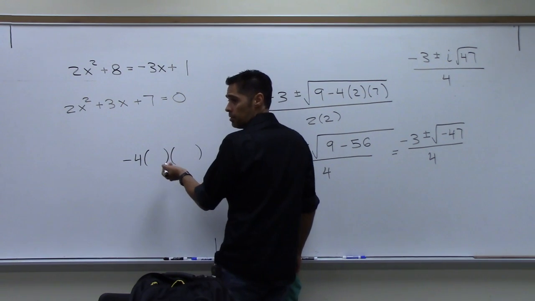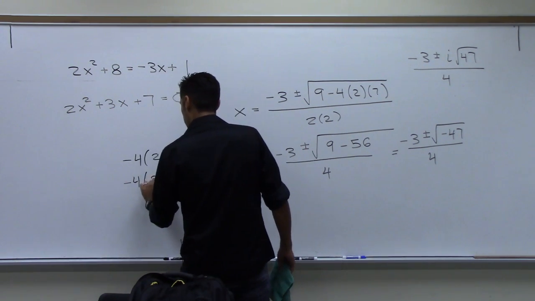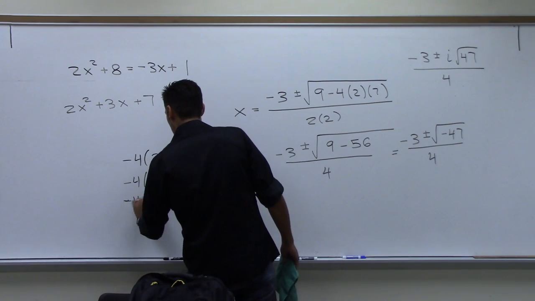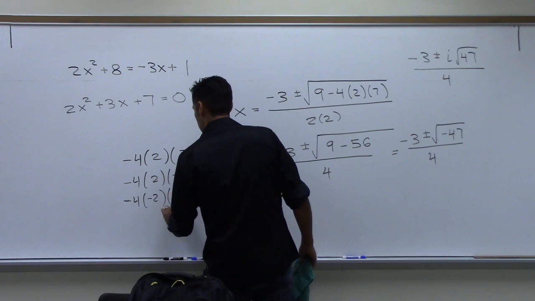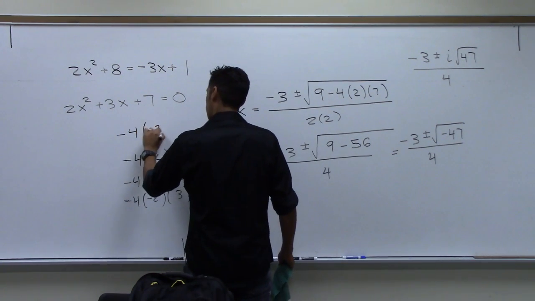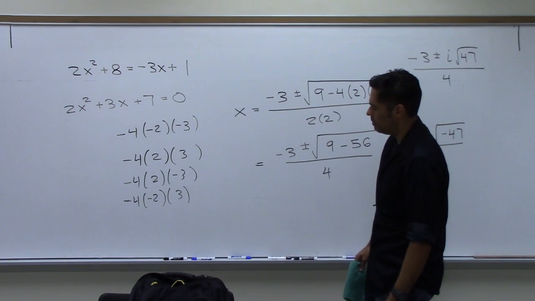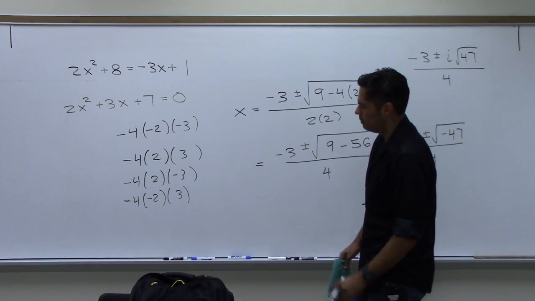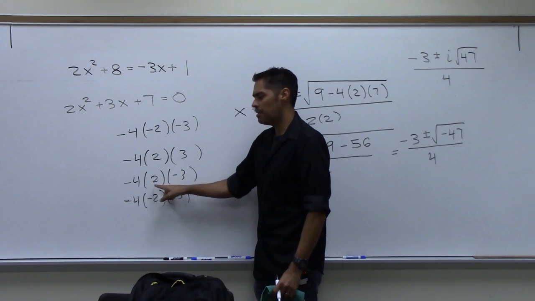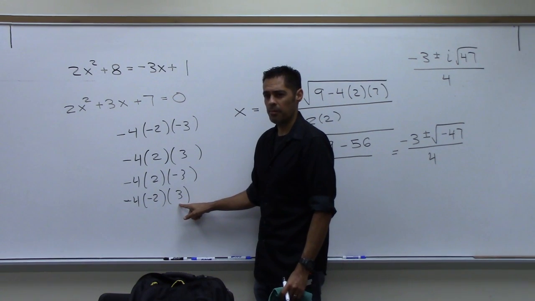I'm just going to make up numbers: 2 and 3, 2 and negative 3, negative 2 and 3, negative 2 and negative 3. Are there any other cases I could have? They can both be positive, both be negative, this one positive and this one negative, or this one negative and this one positive, right? Do y'all see what I'm doing here?